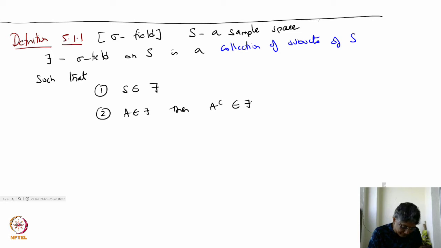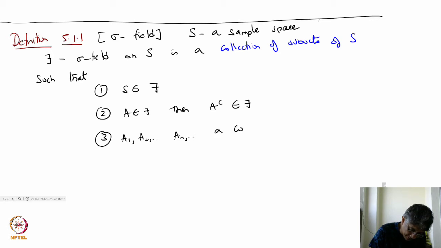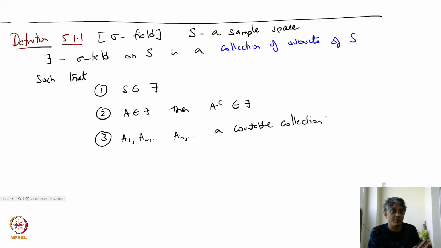Very good. And the third condition we will need is that if I take any countable collection, A1, A2, up to An and so forth, of sets in F, so here I won't require the disjoint property. Disjoint means the probability will sum up, but I don't require that.